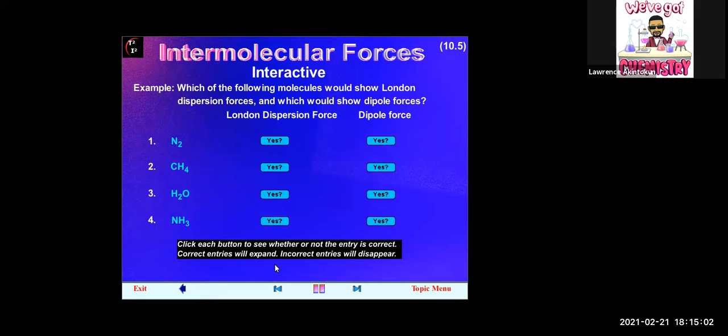And finally, which of the following molecules will show dispersion forces and which one will show dipole forces? So nitrogen, LDF, yes or no, dipole force, CH4, H2O, NH3.